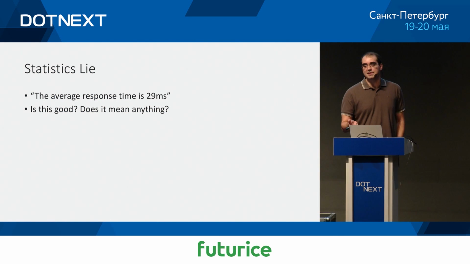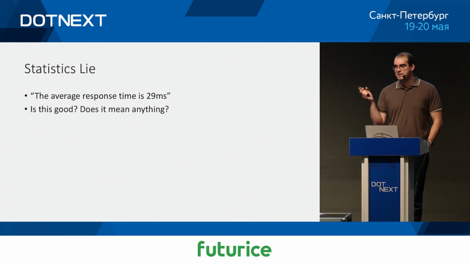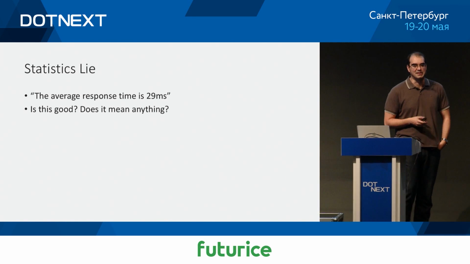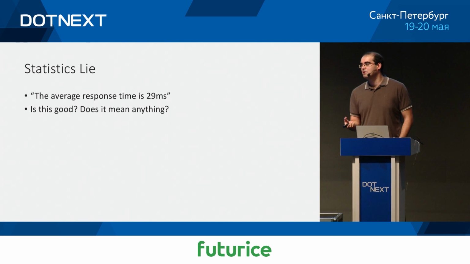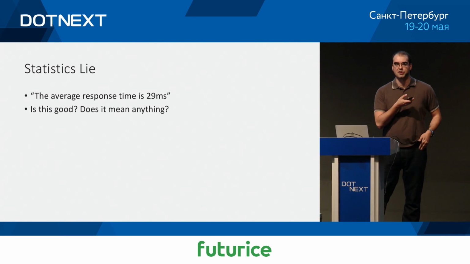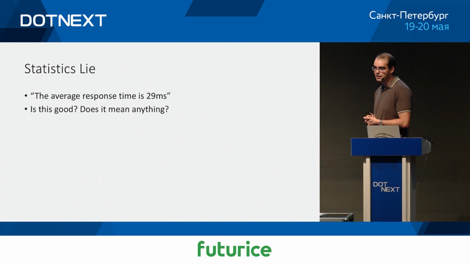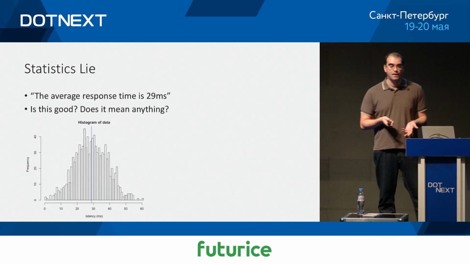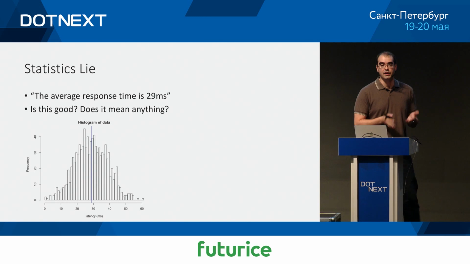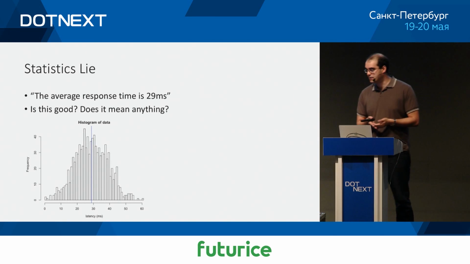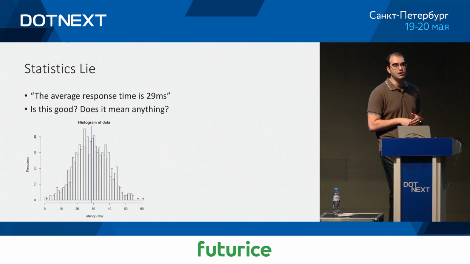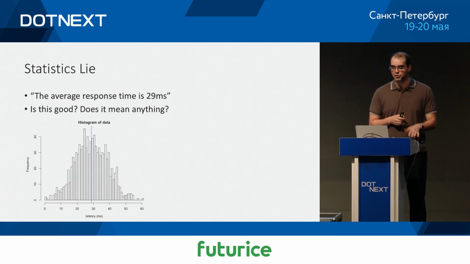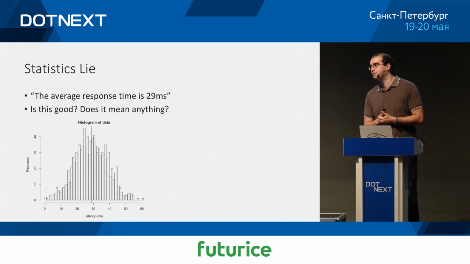So suppose someone tells you the average response time of my system is 29 milliseconds. Sounds good. What it exactly means is really hard to know, like we already saw in my previous examples. It could mean something like this, where the average is 29, the worst case is like 50 or 60, and the best case is close to 0, so a nice normal distribution around 29.